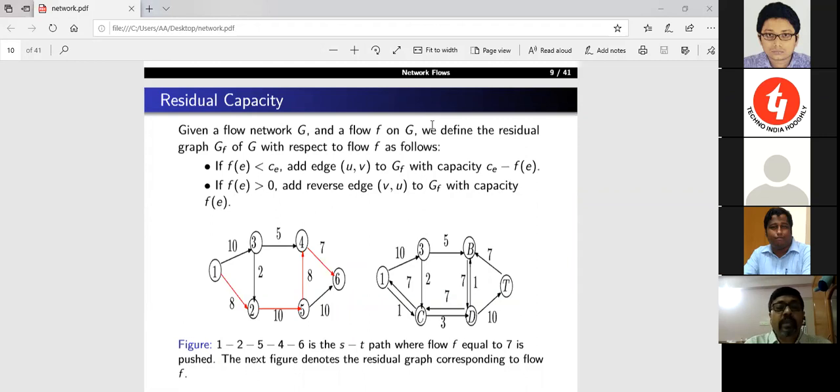A weak path is say 1 3 4 5 6, because while 1 to 3 and 3 to 4 are in the right direction, 4 to 5 there is no edge. On the contrary, the edge is in the reverse direction, 5 to 4.